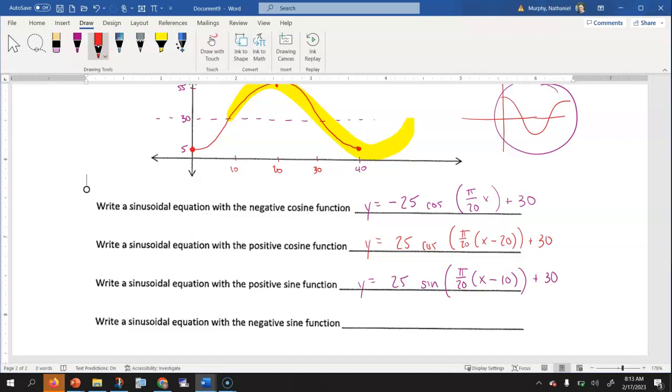If we were to flip this upside down, there's actually a couple that we could use, but this is the one that I'm going to write down. Again, I want you to see if you can come up with those on your own. Hopefully that will be enough to help you complete the rest of that worksheet.